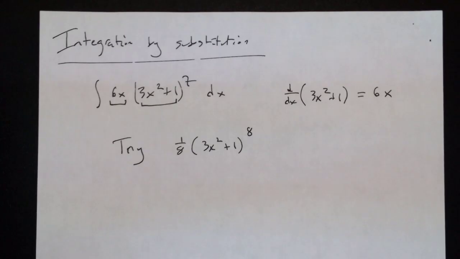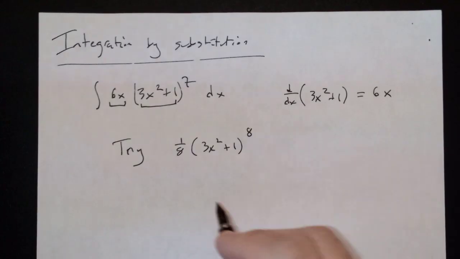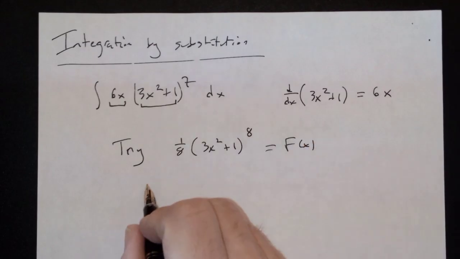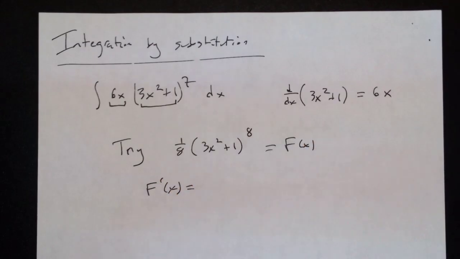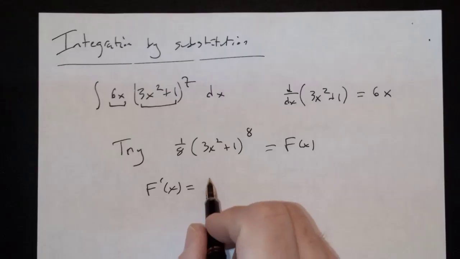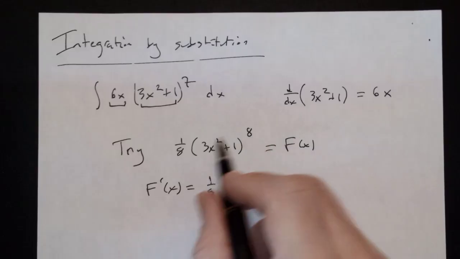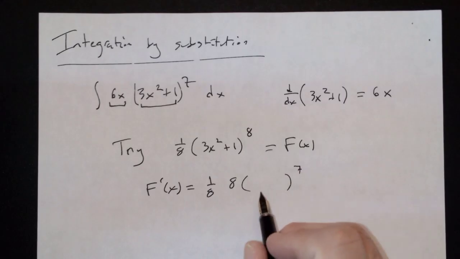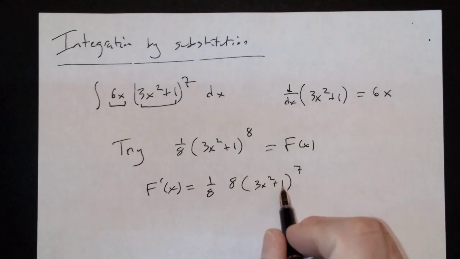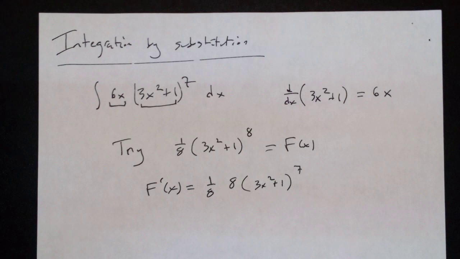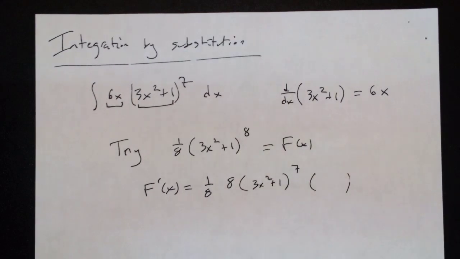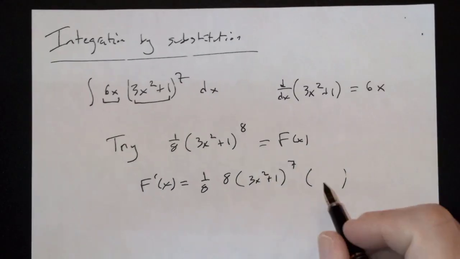One-eighth stuff to the 8th. If I take the derivative of this, all right, the 1/8 is a constant, it stays there. The derivative of stuff to the 8th is 8 stuff to the 7th. And then in the back of my head, I hear the infomercial. But wait, there's more. Order today and you get extra. A 6x.